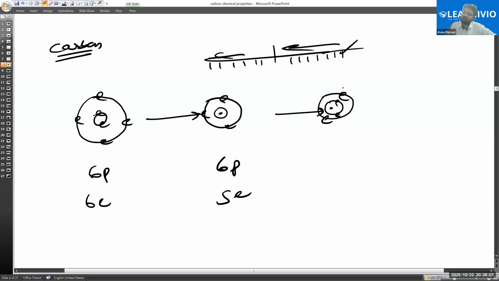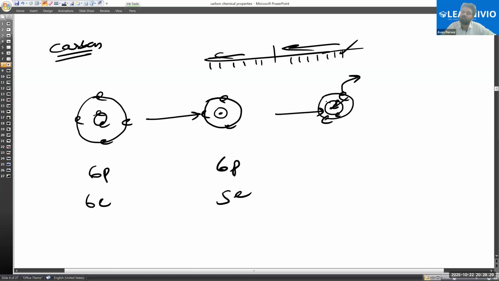Why? Because it is very hard to remove an electron from the outermost shell of an atom if its size keeps decreasing, because the electrons come closer to the nucleus. Are you getting my point? Yes, sir. Size shrink means the outermost shell's electrons come closer to the nucleus.